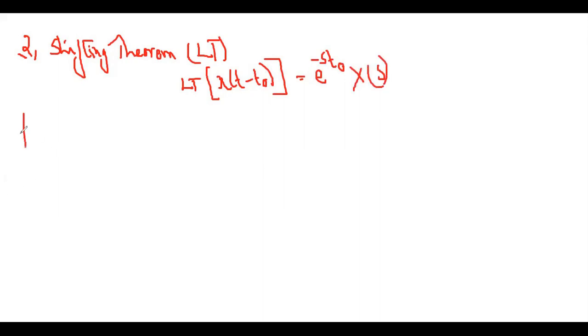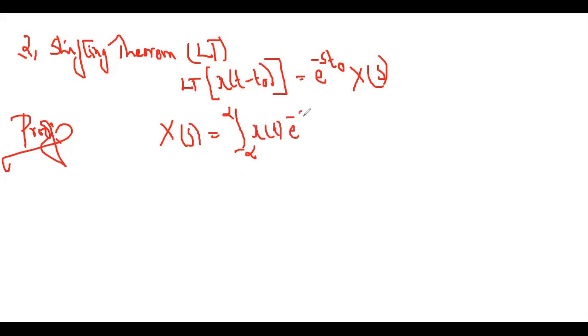Okay, now you can see the proof. According to the definition of Laplace transformation, X of s is equal to integral minus infinity to infinity x of t e power minus st dt. What is the x of t given here? That is x of t minus t naught. Integral minus infinity to infinity x of t minus t naught e power minus st dt.